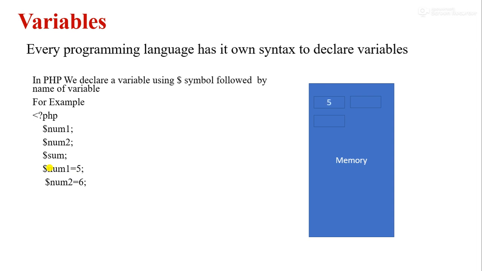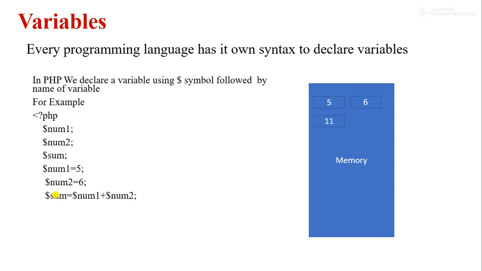After assigning the values, these storage locations contain the values 5 and 6. Then we are going to perform the addition operation. To perform the addition on num1 and num2, we simply use the arithmetic addition operator. After using this statement, we can perform the addition.